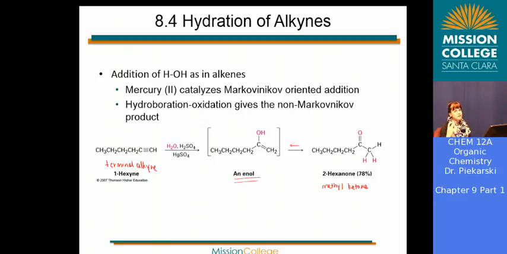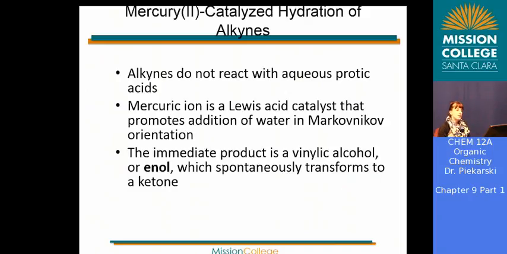So let's talk a little bit about the mechanism. Maybe knowing the mechanism or seeing it will help you remember what's going on. It's different. It doesn't have the mercurinium ion. Alkynes do not react with an aqueous protic acid, so we're okay with that. And that's the reason why we couldn't do it with the double bonds, because they're reactive with acid, right? The mercuric ion is a Lewis acid catalyst that promotes the addition of water in Markovnikov orientation.